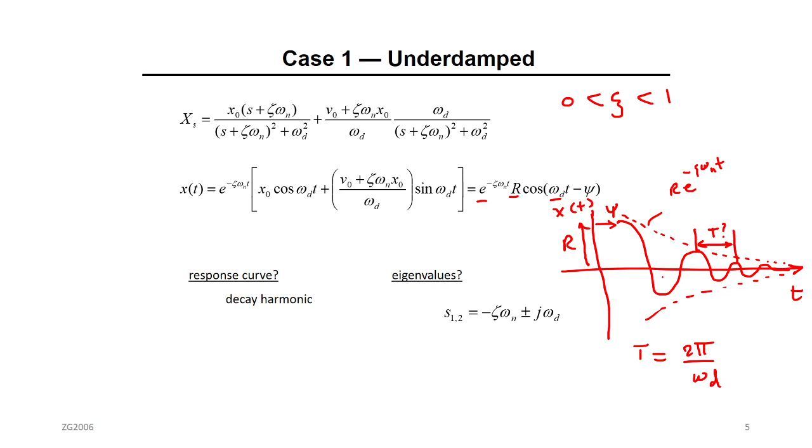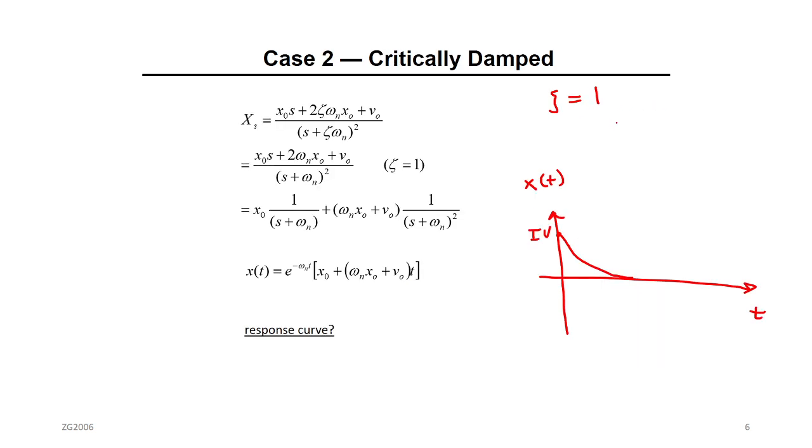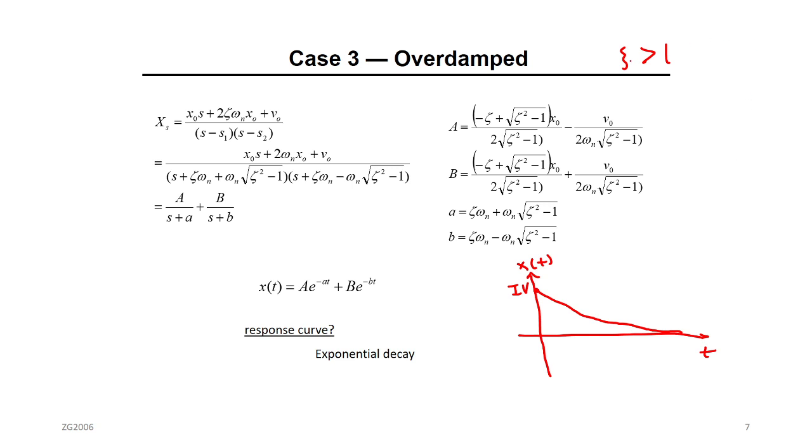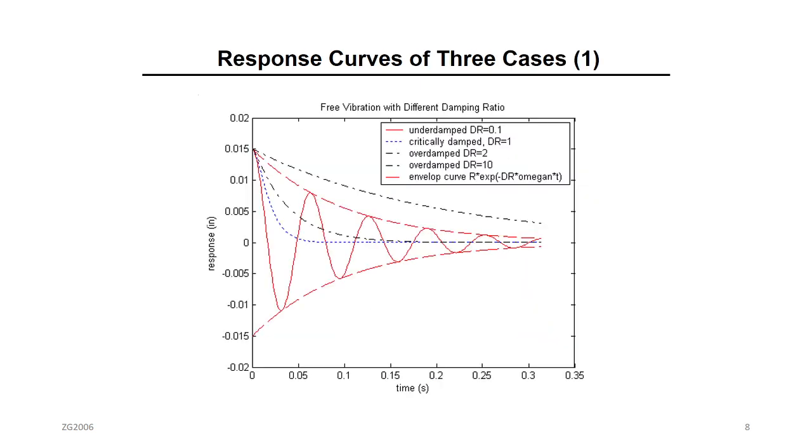It will be harmonic, and this is the only case of harmonic motion, when zeta is less than 1. If you have critical damping, it's going to be a decaying exponential, similar to a first order system. Zeta large, we call this overdamped. It's going to be similar to a first order system, decaying, but very slow. And that's all. These are the cases that you will see.